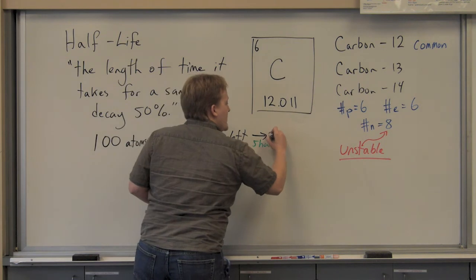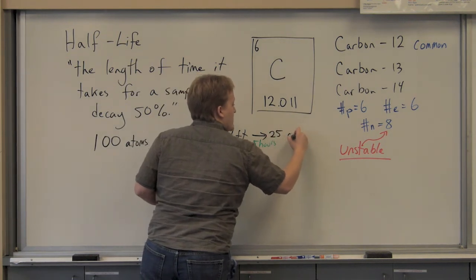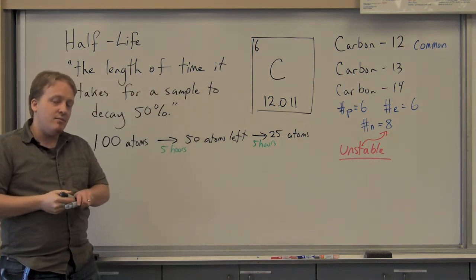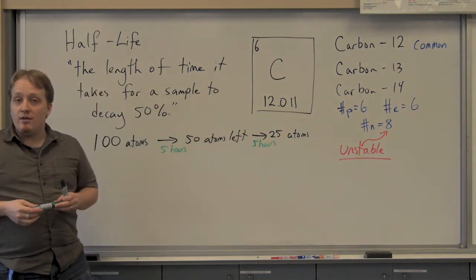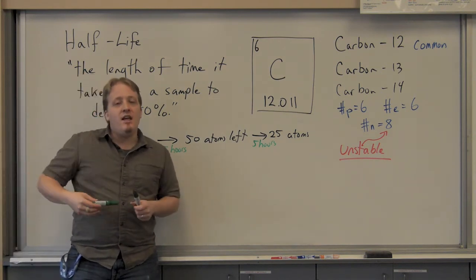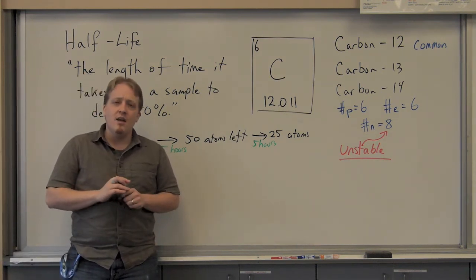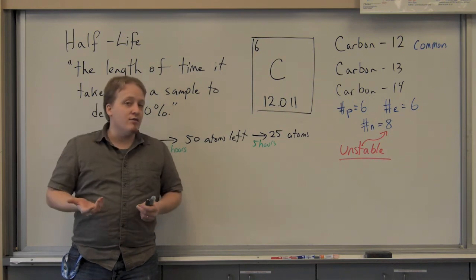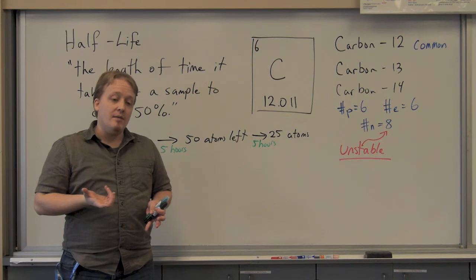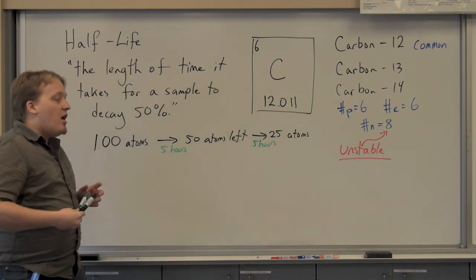So we'll go from 50 to 25 atoms. And this is the fundamental difference between regular breakdown, regular decay, which happens on a set time, and this decay, which is atomic decay, which happens at a random interval, but happens when you look at a large sample over a regular time period. So this is not predictable.